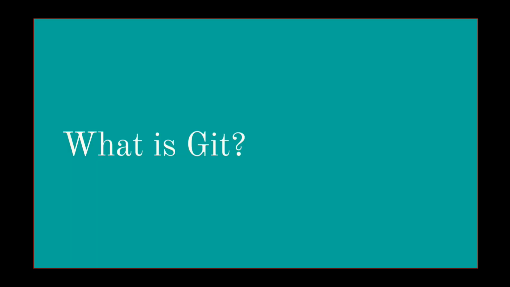Let me just share my screen here. So what is Git? Git is officially defined as a distributed version control system, that is VCS. In other words, it's a system that tracks changes to our project files over time. It enables us to record project changes and go back to a specific version of the tracked files at any given point in time.